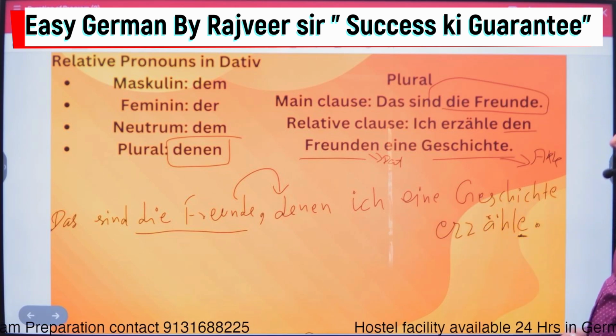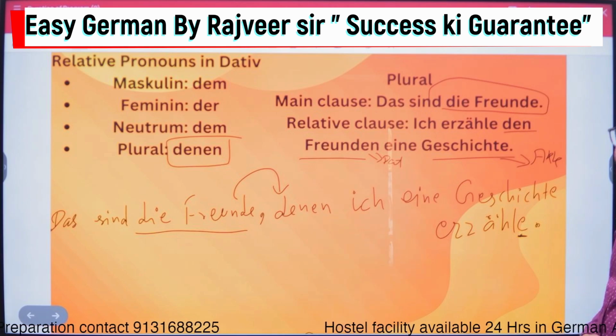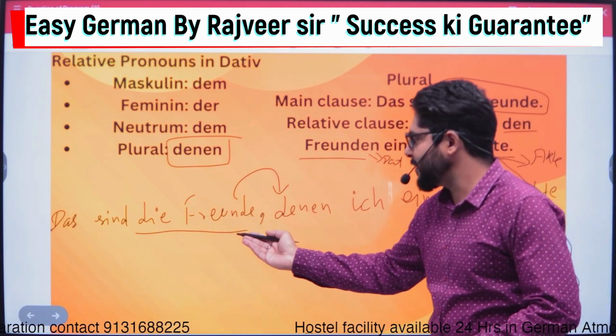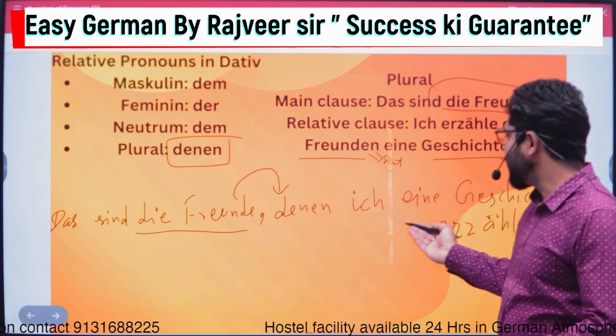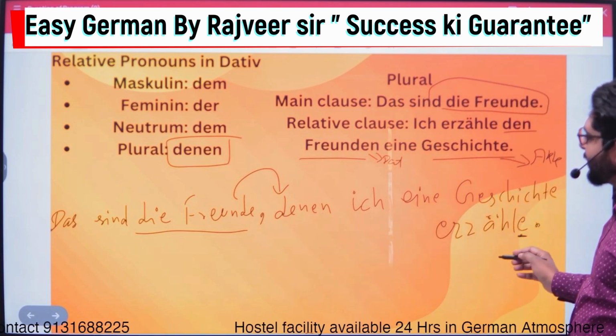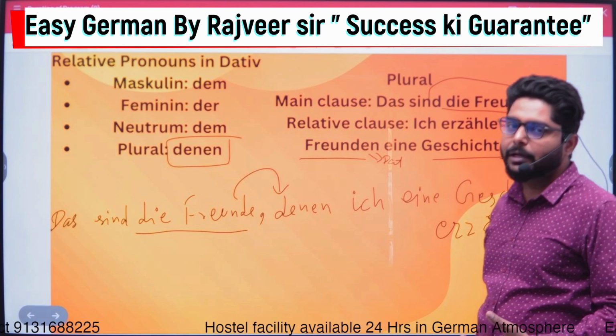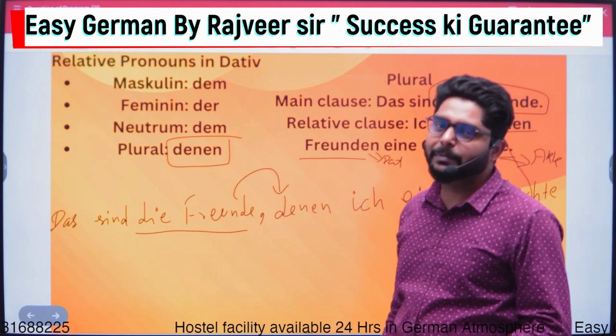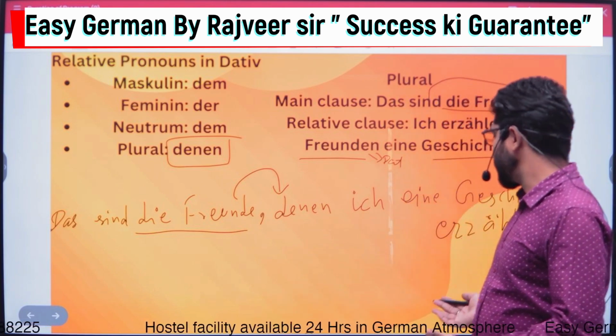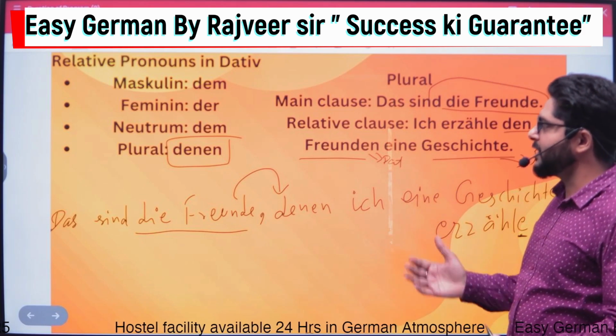Now conjugation will be the same as A1 nominative. So das sind die Freunde, denen ich eine Geschichte erzähle. These are the friends. Them I am explaining the story. Okay, so these are clear here.